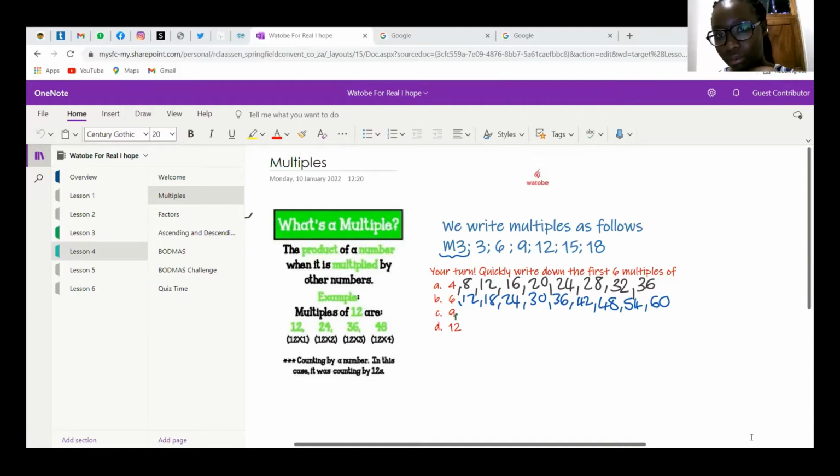So the multiples of 9 go as follows: 9, 18, 27, 36, 45, 54, 63, 72, 81, and 90. I have to keep up with you guys because you speak so fast and my hand is trying to keep up. Very well done. Those are 100% correct. Give yourself a pat on the back.